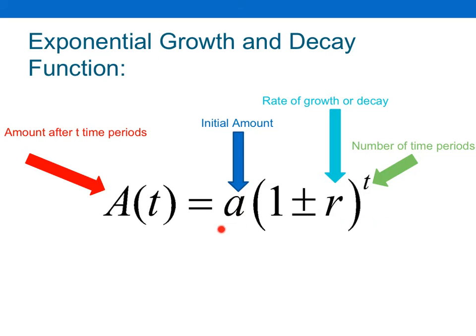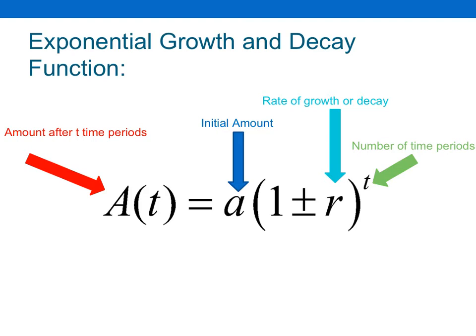This is where all the math happens, okay? This is our initial amount. So for that last problem, it would be 1,000. Over here we have our rate of growth or decay. That's going to be pretty much given to us as a percentage that we need to change to a decimal, and we're going to add or subtract that from 1. That 1 basically keeps the original amount and then adds or subtracts whatever was gained or lost.